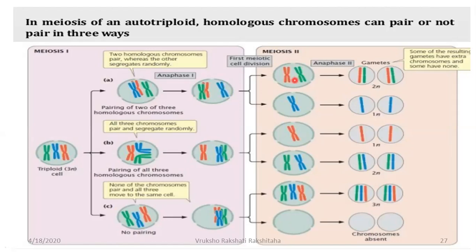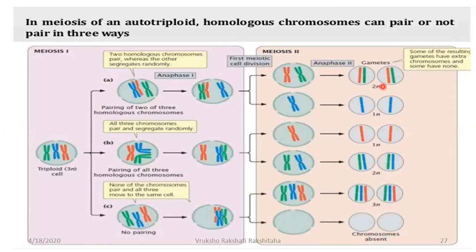Now, when such a cell moves to meiosis II, you can see there is a suppression of the spindle fiber apparatus in this cell itself, and when it moves on to anaphase II, the gametes which are formed are diploid.